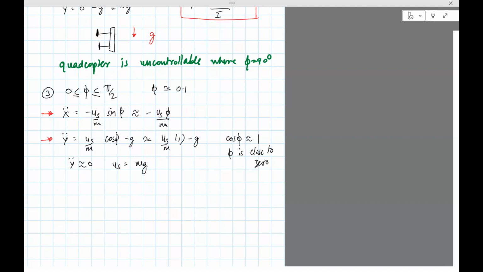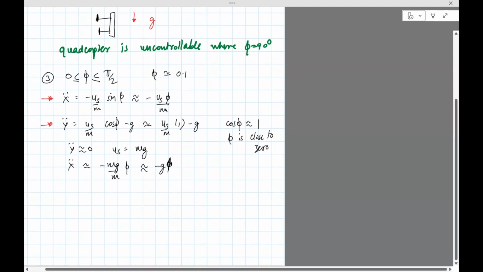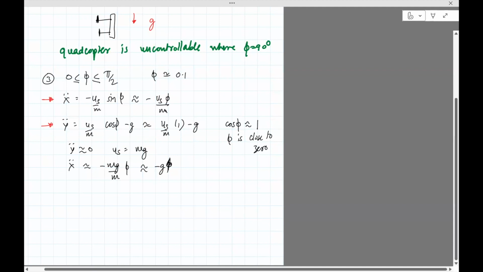But when you put that in the first equation, minus mg times phi over m, you'll see that it's equal to minus g phi, which means that the quadcopter is going to accelerate towards the left.